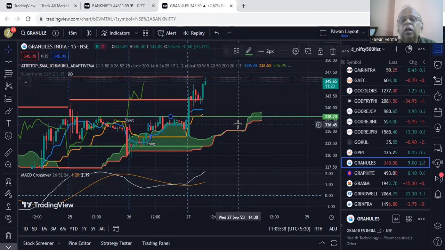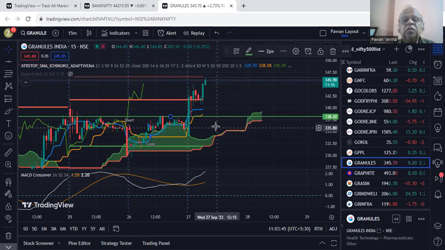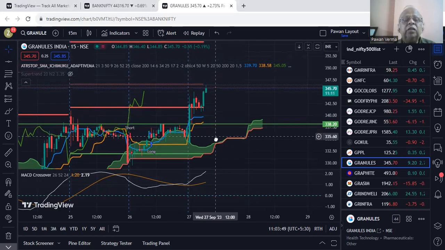So this is 338.20. This is our trigger price where we should enter into the trade.